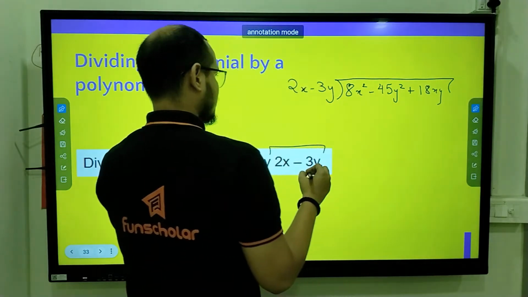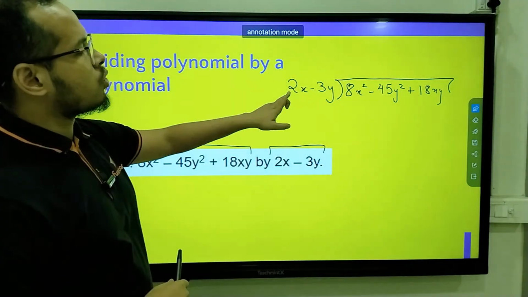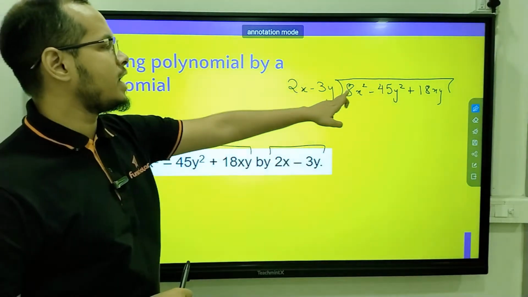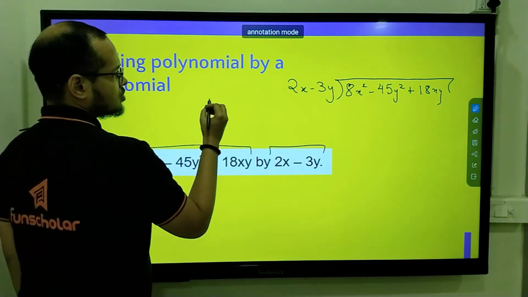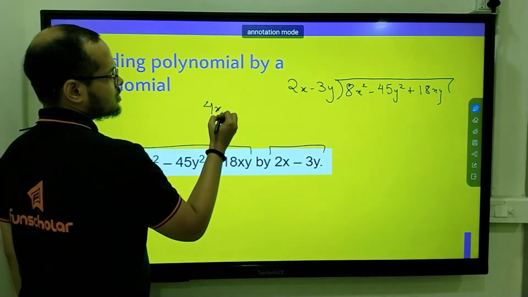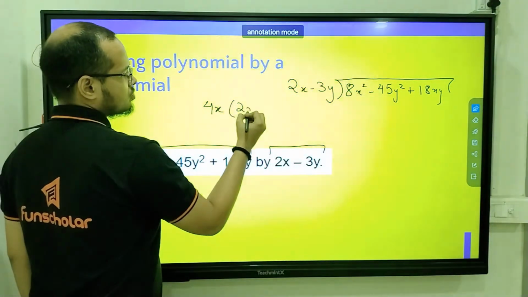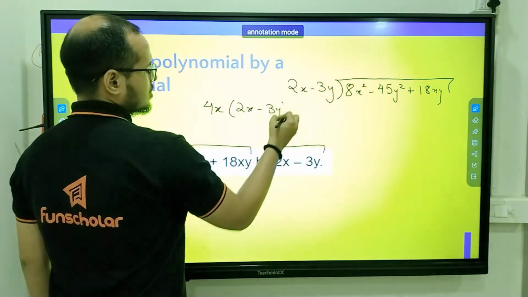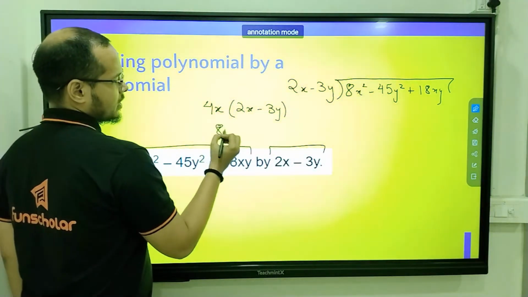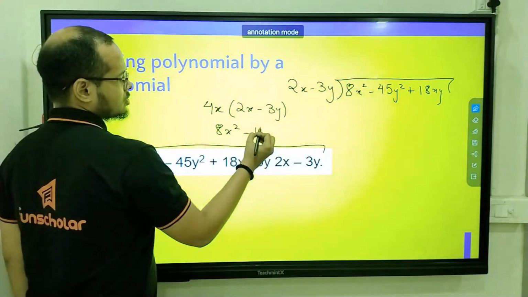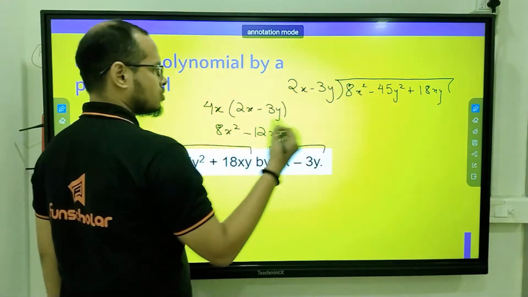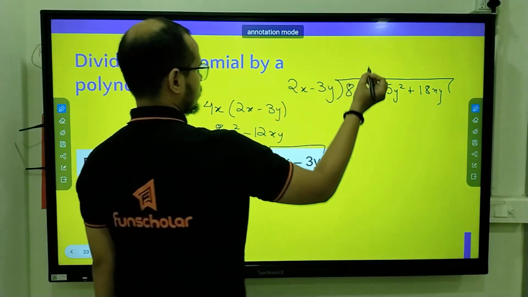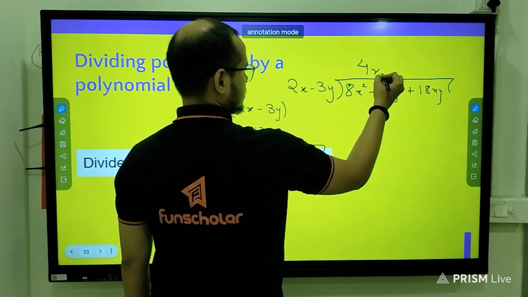Okay, so let's see. What do we multiply by 2x to get 8x square? First is this. I know if you multiply 2x minus 3y by 4x, we should get 8x square minus 12xy. So let's multiply this entire thing by 4x.